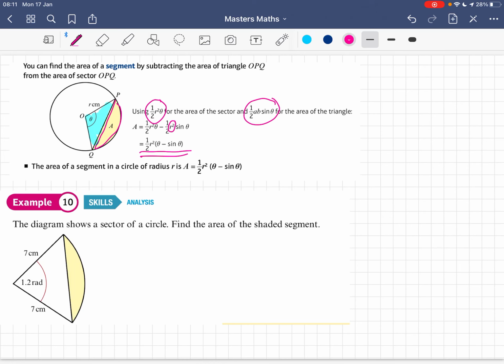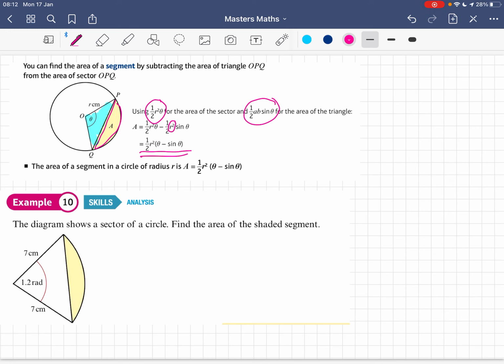Now again, if you don't want to have to remember another formula, because there's a lot you have to know for P1, then it's just logic. It's common sense. You would work out the area of the full sector, subtract the area of the triangle, and that gives you the area of the segment. But again, if you want to remember the other formula, then that's what it is. A half r squared, theta minus sin theta.